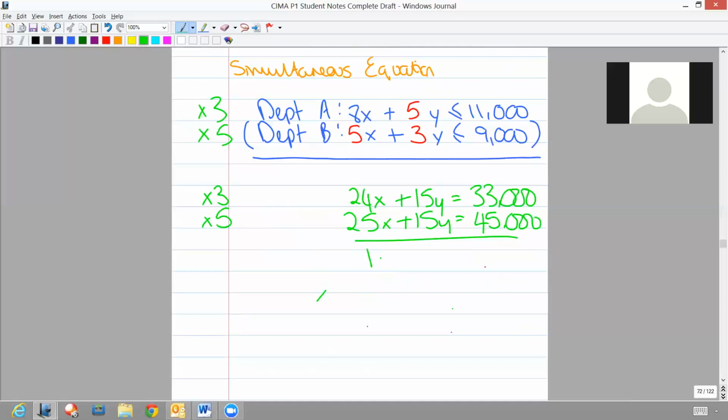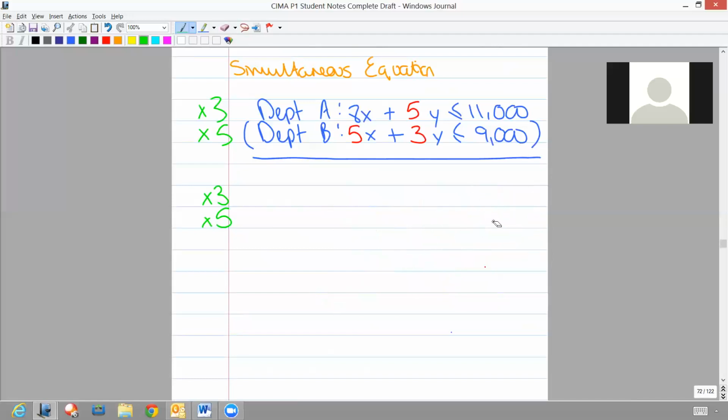That would give you 1x plus 0y equals 12,000. Again, you've forced a 0 value. So that's how a simultaneous equation works. You need to ensure that either your x or your y value ends up as 0. As I say, for this example, we've already got 2 of our coordinates the same. Therefore, we end up with 4x, 0y equals 2,000.